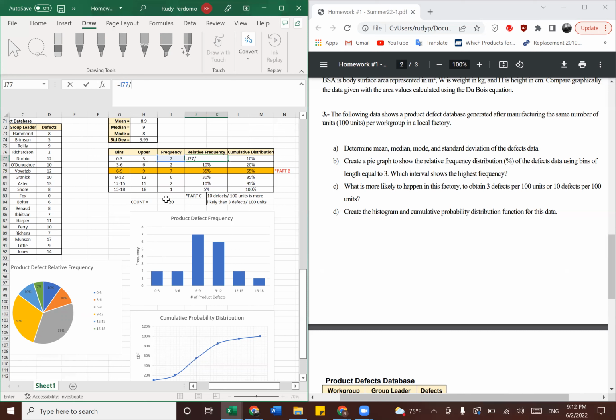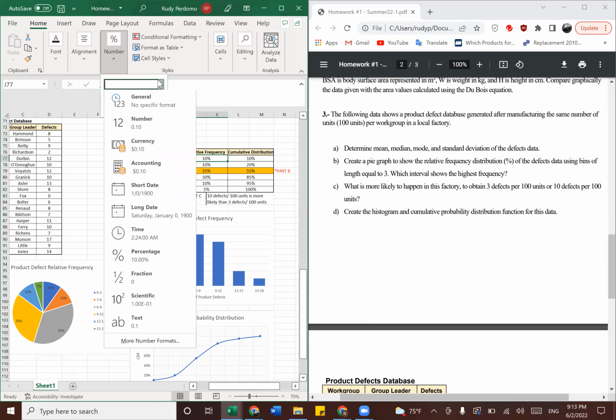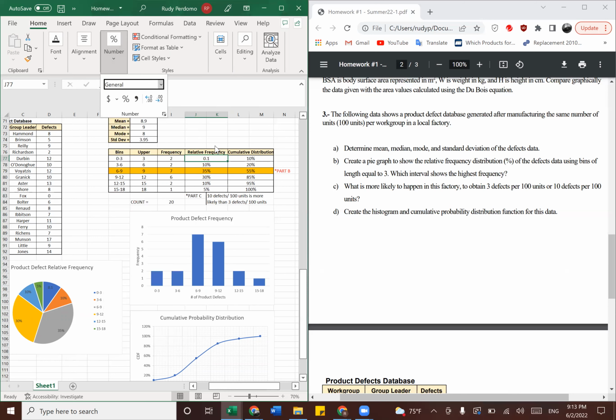So if it occurs in 2 data points out of 20, the frequency is 10%. So it's going to usually give you a number like 0.1, and then you just change it to a percentage, and then reduce decimal places because it's all zeros.